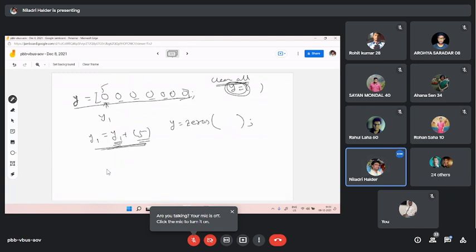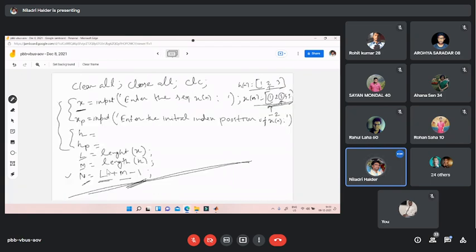Anyone? How many zeros should be there? Check the initial code. How many zeros should be there? 7.